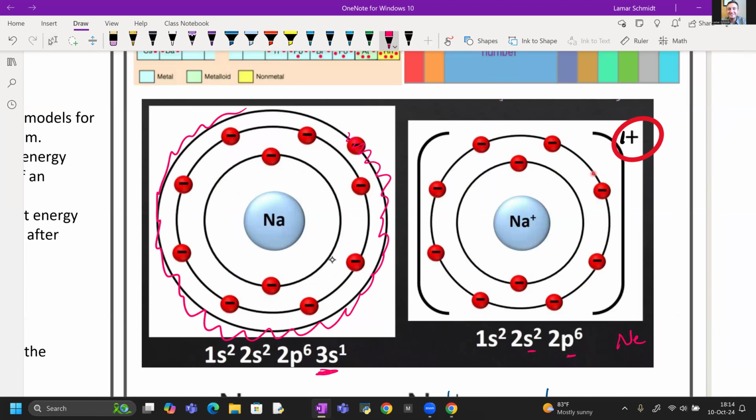If we were to look at the configuration of neon, it is the exact same. Now, since it only lost 1 electron, we know it has a 1+ charge. It had one valence electron to lose to get to that noble gas electron configuration. It did, and now it has a 1 plus charge and the noble gas configuration of neon.